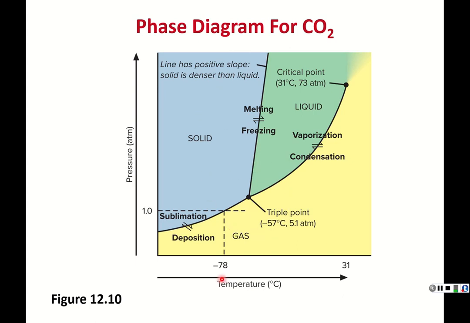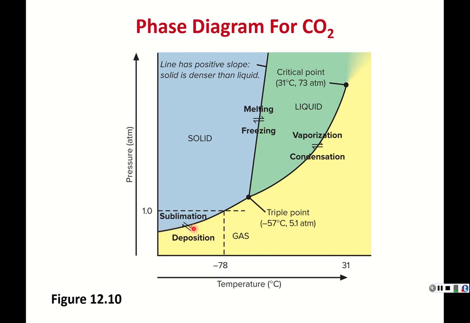Or you can say, my process needs to happen at a specific temperature. What pressure do I need my reactor to be at to keep it in the liquid phase or the gas phase or whatever phase you're wanting? Okay, so that's one way you can use it.